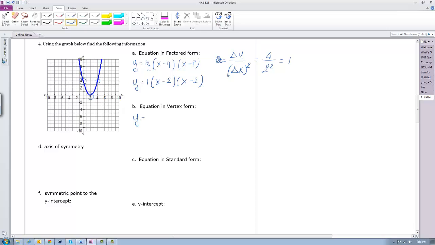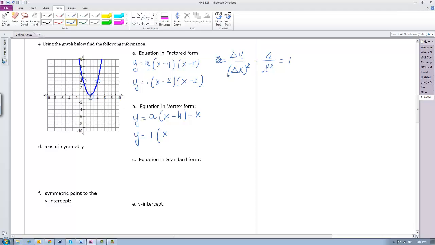We know once again the vertex form is y equals a times (x minus h) squared plus k, where h and k are the coordinates of the vertex. We know a, we know the coordinates of the vertex, so we can rewrite this very quickly as 1 times (x minus h).